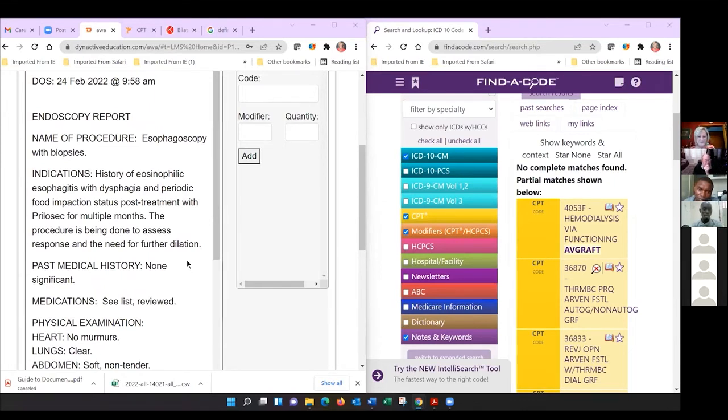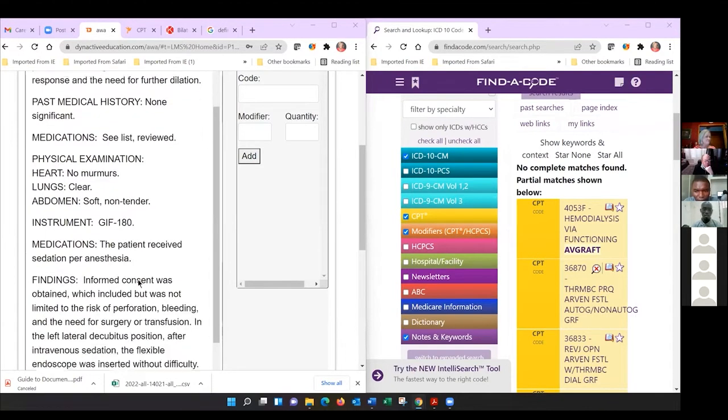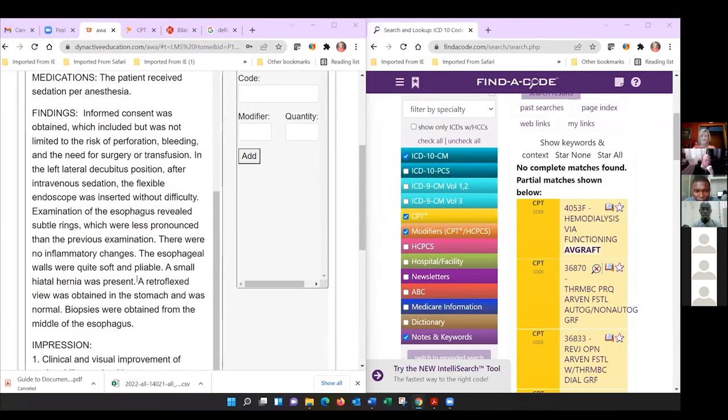You code first the eosinophilic esophagitis as the first listed diagnostic code, then followed by the hiatal hernia as the second diagnostic code, or the secondary diagnosis. Those are the two things to code because they didn't show any food impaction during the view.